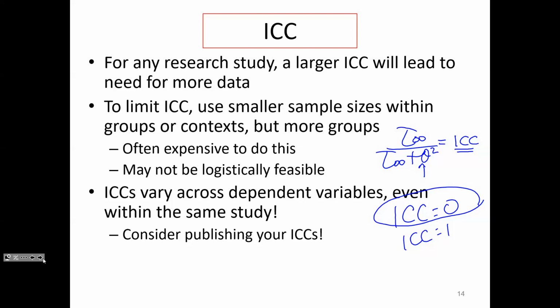But if I have just a few groups and tons of people within each group, then the higher the ICC, the more information I'm losing. So anyway, ICCs vary across dependent variables. It's not the ICC for the study, it's the ICC for the variable of interest. And we kind of saw that because we could do ICCs for covariates, right?